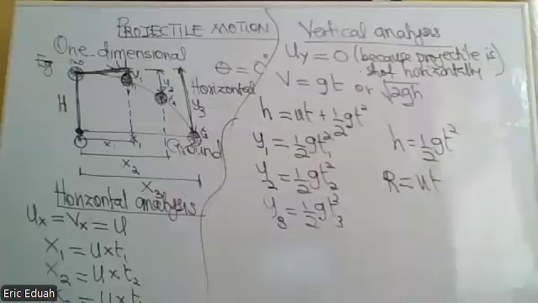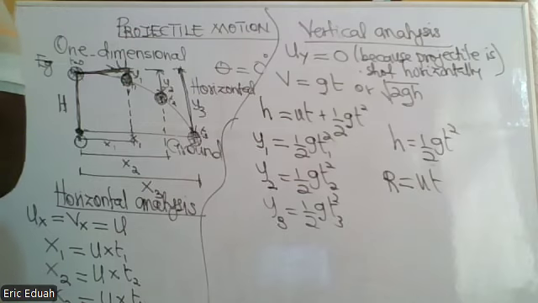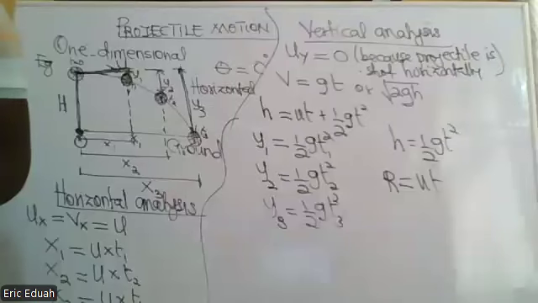I'm repeating. A ball positioned at the top of a tower 90-meter high is thrown horizontally with a velocity of 25 meters per second.